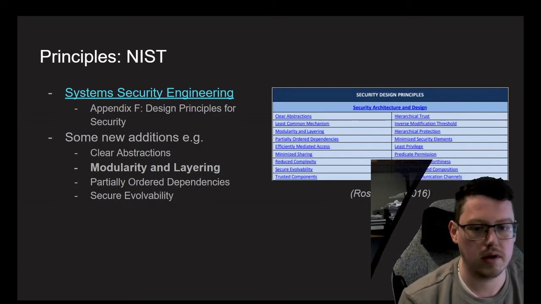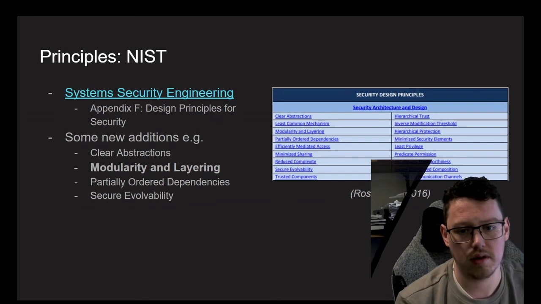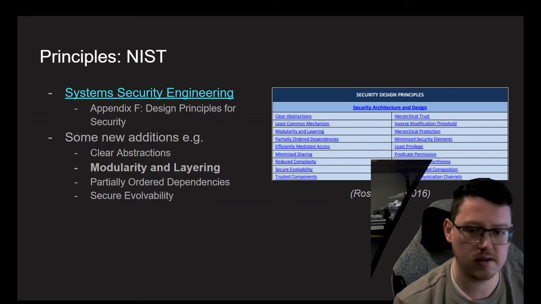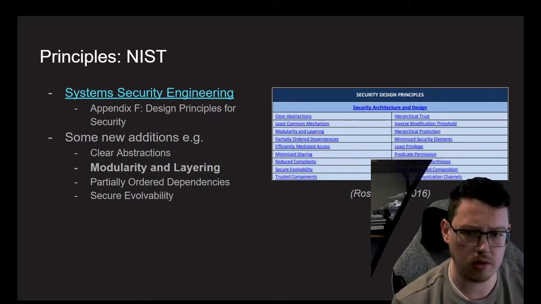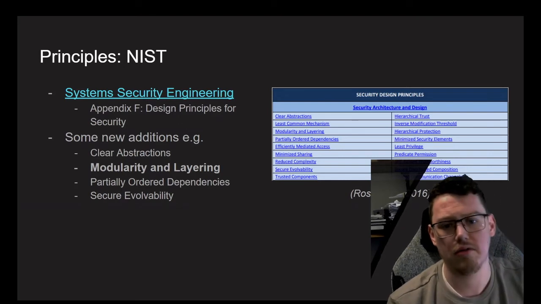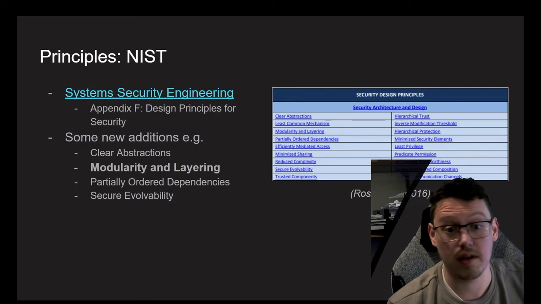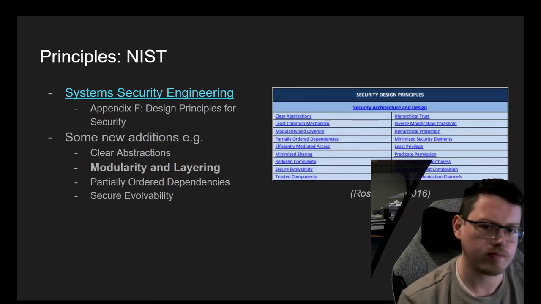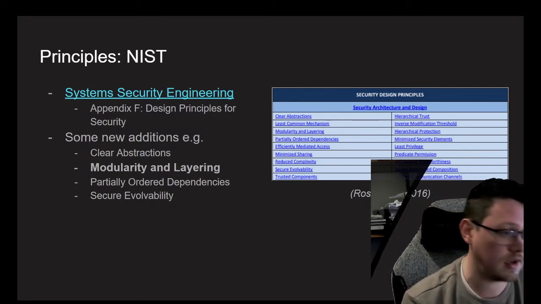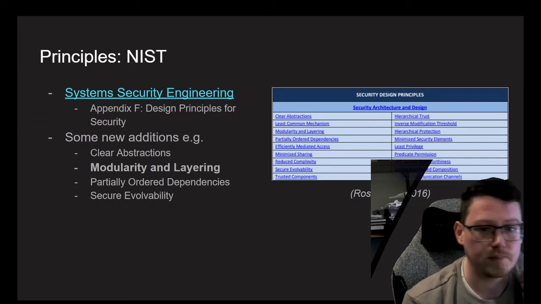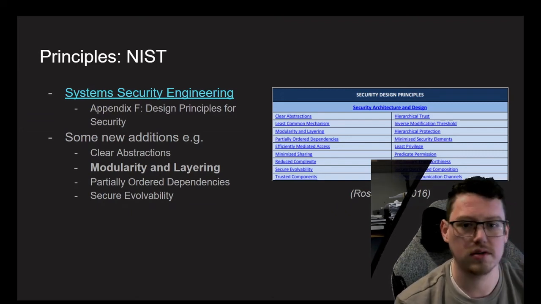You have the data layer and the link layer at the bottom at the real low level. Then further on up you have the internet layer, and the application layer at the top. So layered systems are a way of ordering the abstractions so that it makes sense.